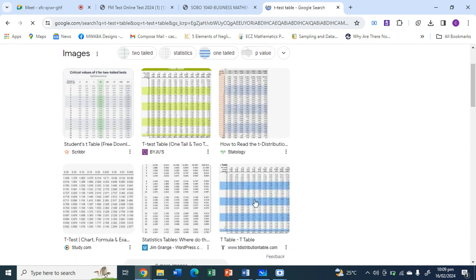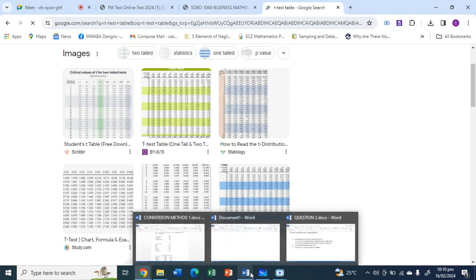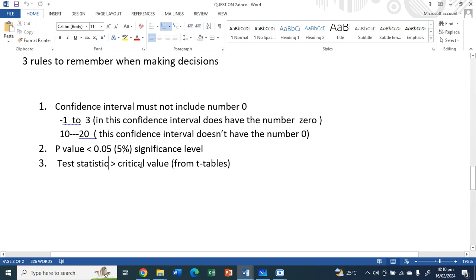So I don't know why this was not open. As we're waiting for it to open, once it opens, I'll show you. Or you can also check the confidence interval. So these are the three guidelines you can use.